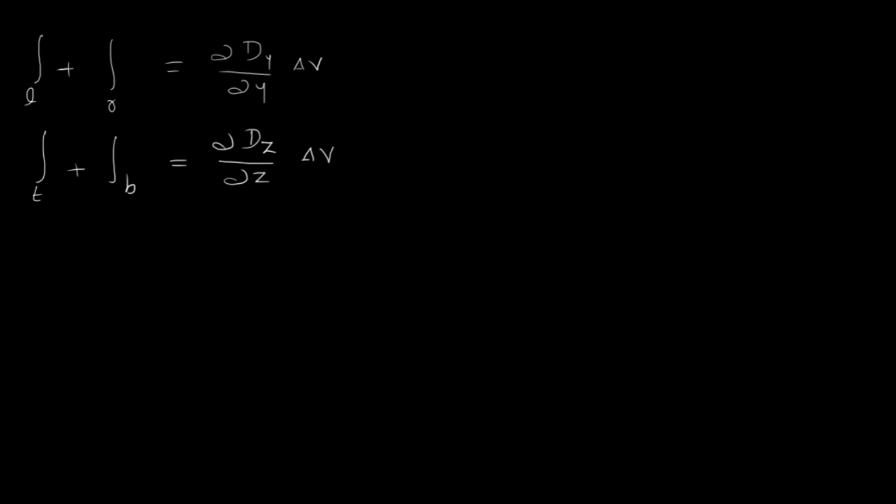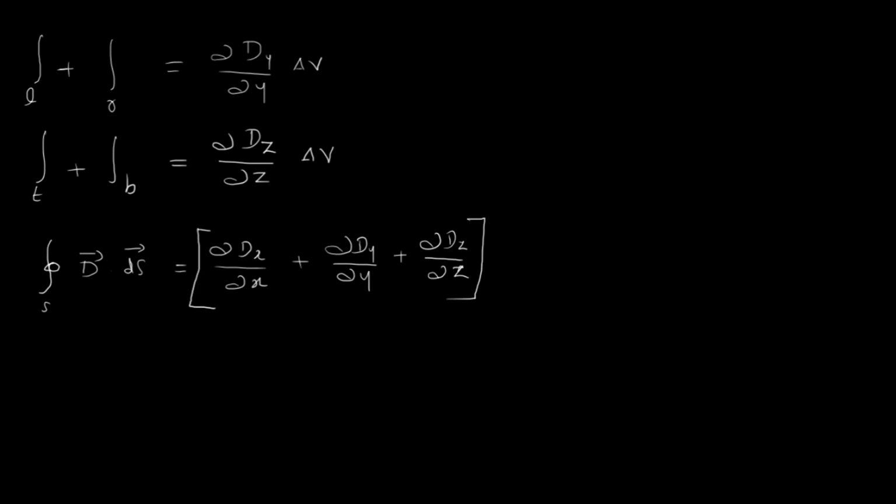Doing that, the total surface D dot dS is the addition of all these values: the partial differential with respect to x, added with the partial differential with respect to y, added with the partial differential with respect to z, and here the volume of the cuboid is common, so I write it as a common term.